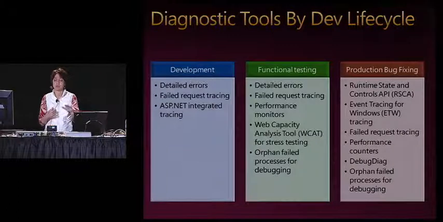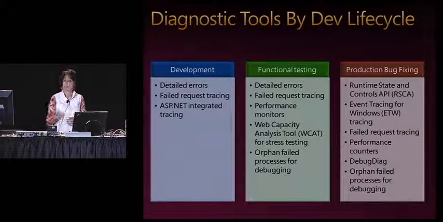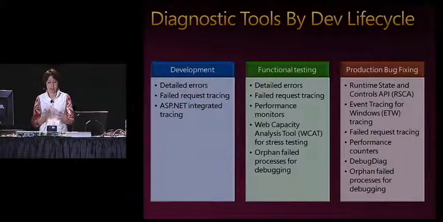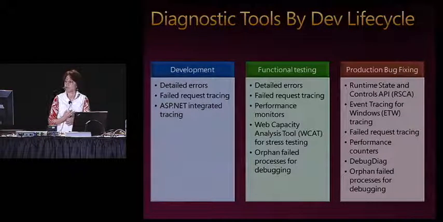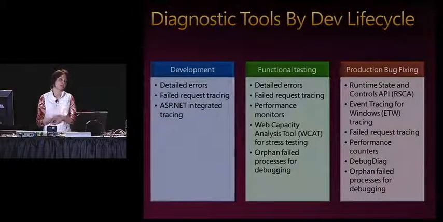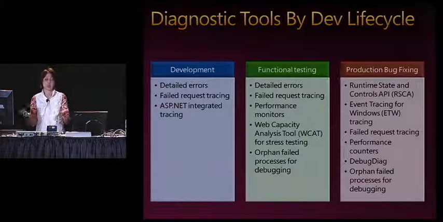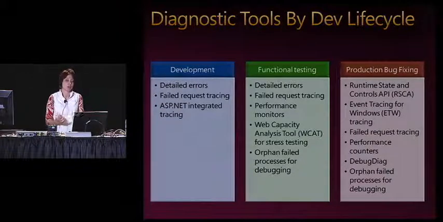And when you're in the production realm, you're looking at a lot of different options. I've talked about several of these already. The DebugDiag is something that our customer support folks really find very useful as well, and that's available on IIS.NET for download. One of the things that I did to prepare for this talk is I went to talk to our IIS customer support folks, because all they do day in and day out is they help developers, right? They help developers figure out what's wrong with their applications.